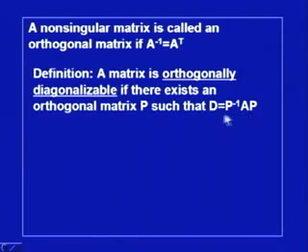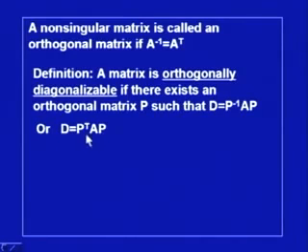The first thing is that the matrix A is diagonalizable, so there has to be some P and P inverse so that D becomes P inverse AP. But the matrix being orthogonally diagonalizable means there exists an orthogonal matrix, which satisfies the property that P inverse is equal to P transpose. And if P inverse is equal to P transpose, we can straight away write D is equal to P transpose AP.